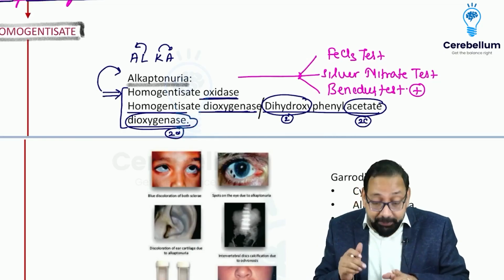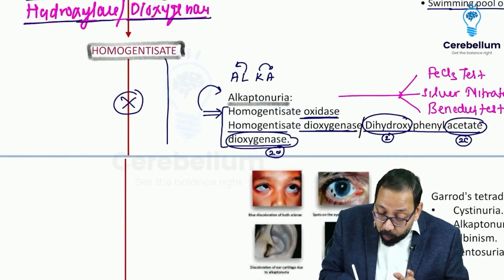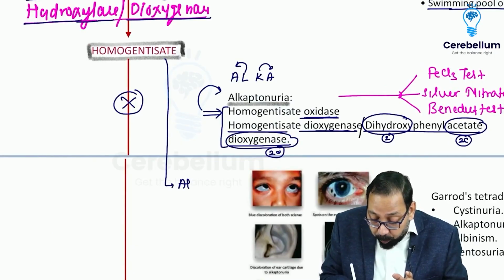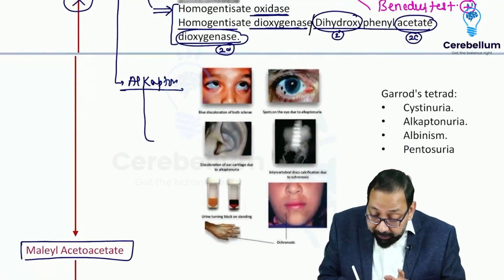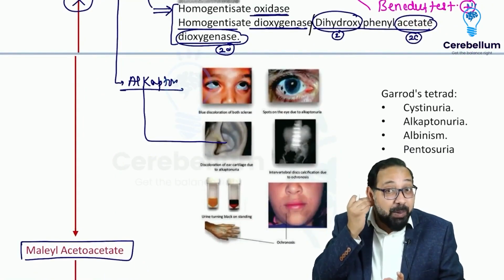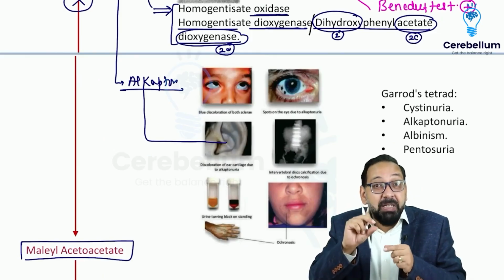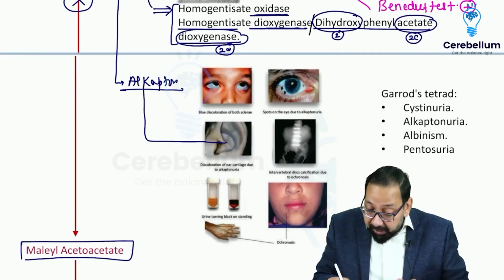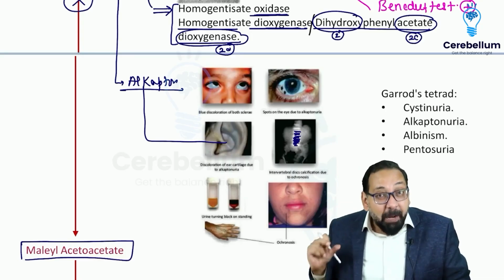We found that this homogentisate is not metabolized. This homogentisate is oxidized to produce alkaptone bodies. Alkaptone bodies, black color. These alkaptone bodies accumulate in the pinna, black color of pinna, tip of nose, blackish color. Then it will deposit in the intervertebral disc. Intervertebral disc calcification would be there, and back pain would be there.